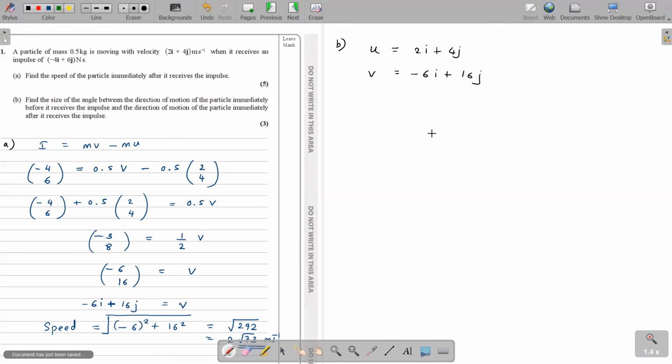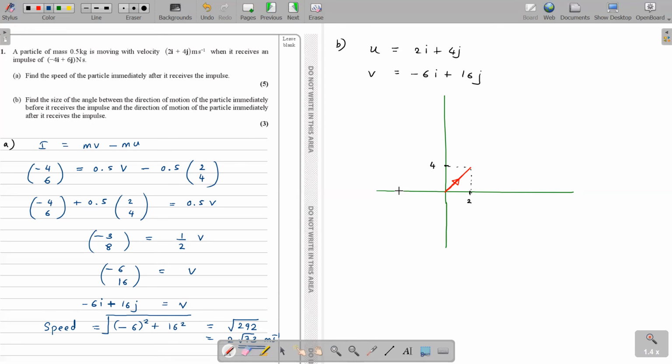Draw this on a diagram. So when I draw it, 2i plus 4j. So this is, let's say, 2. So 2i, 4j. So this is the initial direction. Okay, and then the final velocity, minus 6i plus 16j.